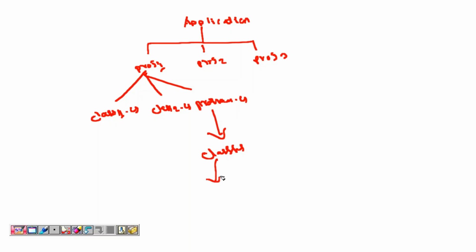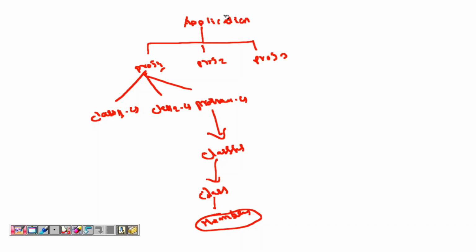A class can contain members. Members can be state or behavior, like methods or variables.